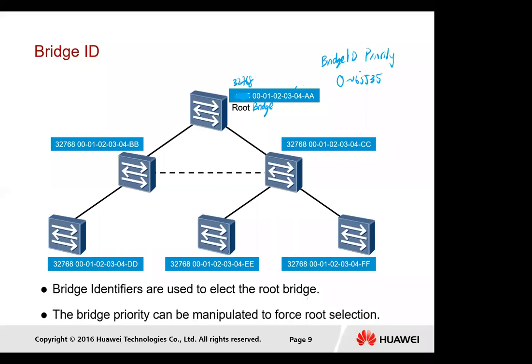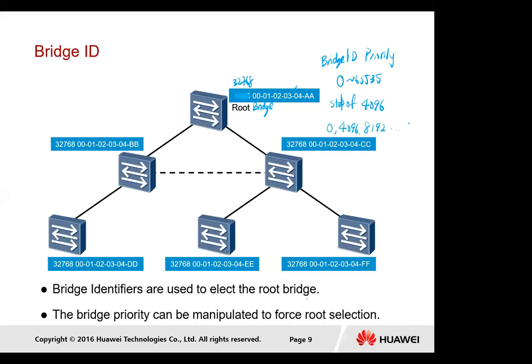But you cannot define any priority that you want for a VLAN. You need to follow a step of 4096. So the first priority you can set under the bridge ID is 0, secondly 4096, then 8192, and so on.